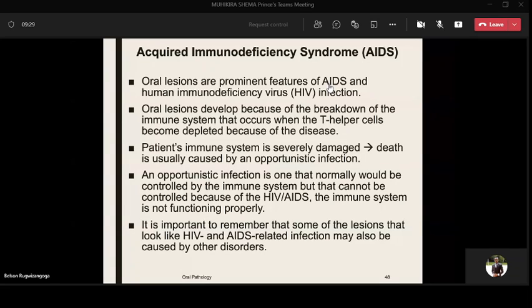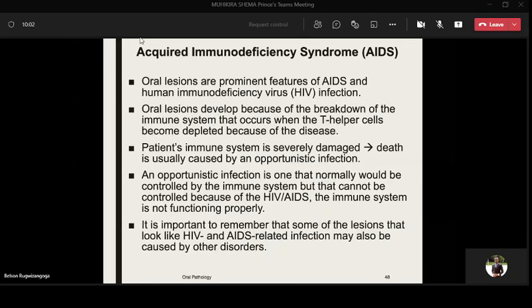An opportunistic infection is one that normally would be controlled by the immune system, but that cannot be controlled because of HIV/AIDS. The immune system is not functioning properly. So you will see that in most of these opportunistic diseases, the cause is just a normal floral agent. A normal floral agent, but because the immunity is too affected, the immune system will not be able to control this normal flora. Therefore, they will cause diseases.